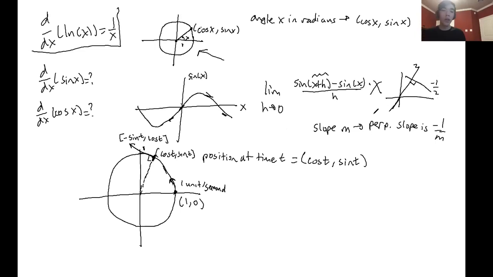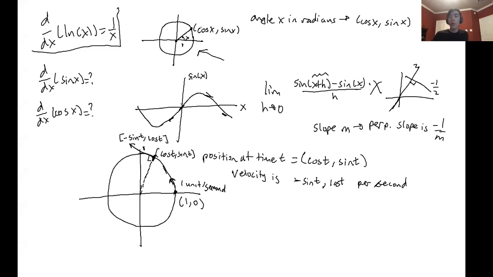So we know that a line going negative sine of t in the x direction and positive cosine of t in the y direction is perpendicular to a line going cosine of t in the x direction and sine of t in the y direction. So our velocity is (negative sine t, cosine t) per second.